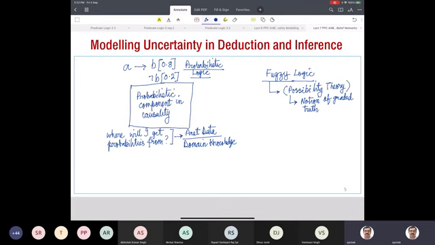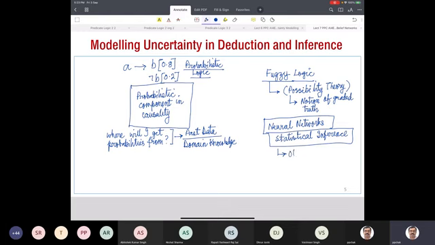The third place where all this is very well modeled is in neural networks and in statistical inference. And I think these parts will be discussed later on in other modules of this course.